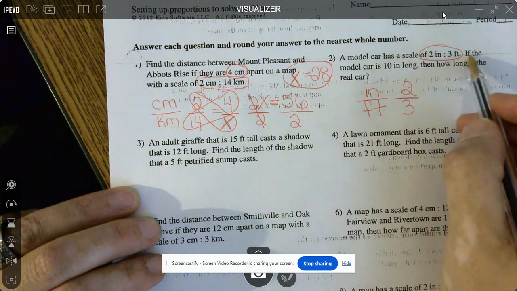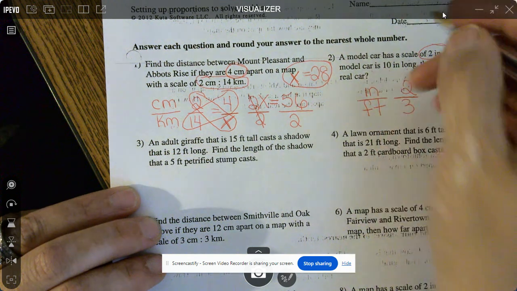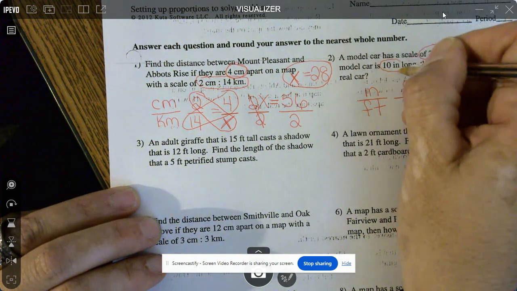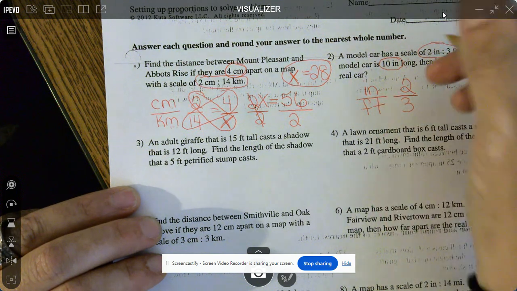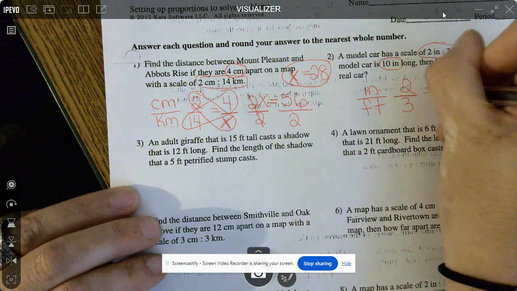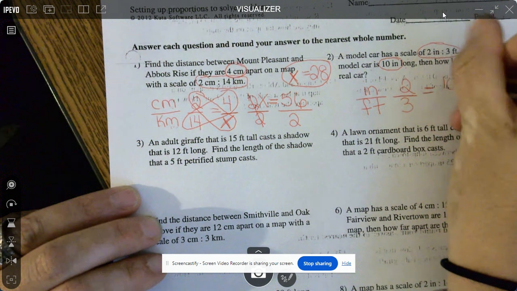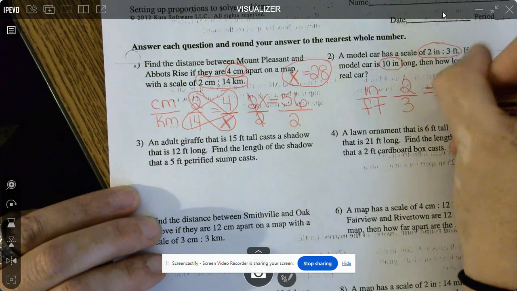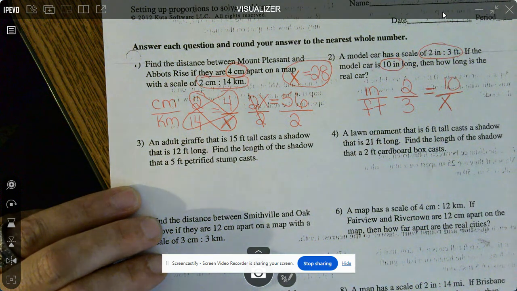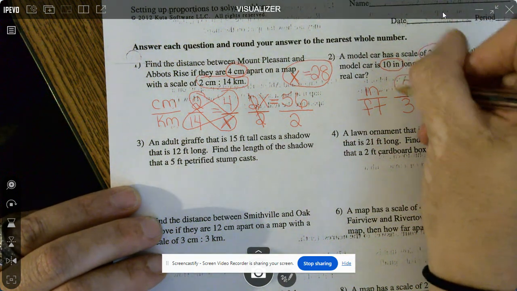Go back and reread. If the model car is 10 inches, because it says inches, we're going to go over to the inches side, so it goes on top where the inches are. How long is the real car? So we're going to put that on the bottom. Once again, we cross multiply.